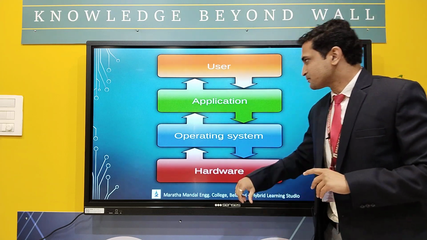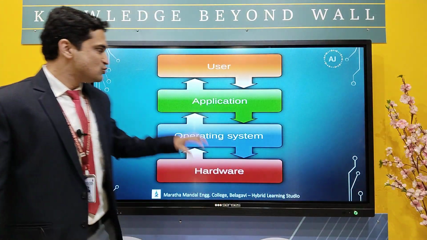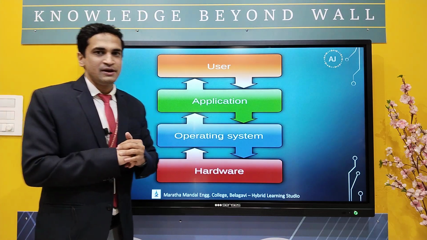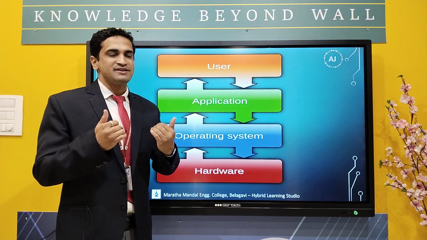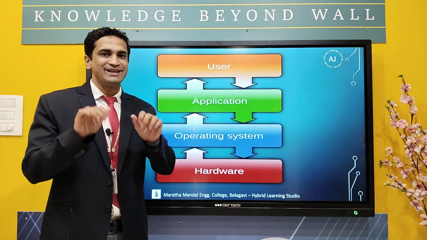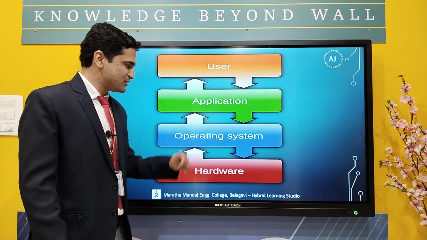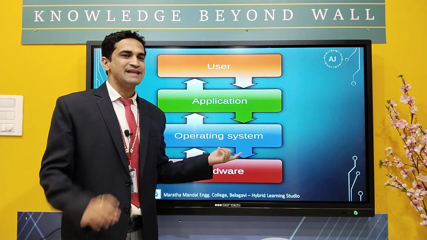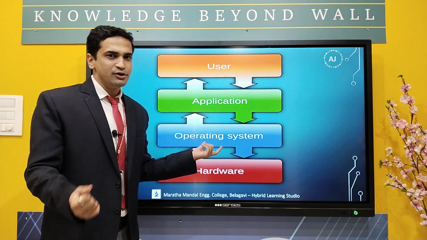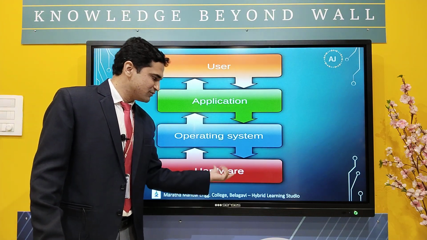First, you can see this block diagram. Here the user means we, those who are handling the computer or giving the inputs. Then there is the application, which we are running. And this is the operating system, which may be Linux, Windows, or Ubuntu, a distribution, that interacts with the hardware.